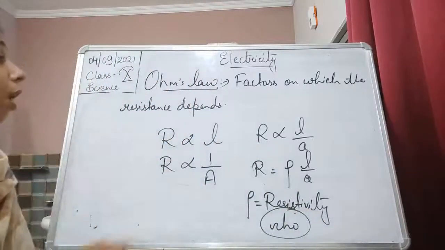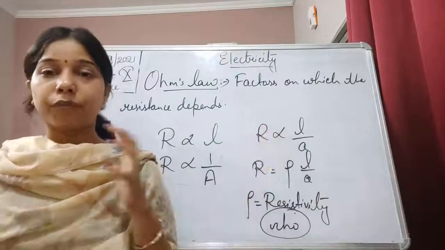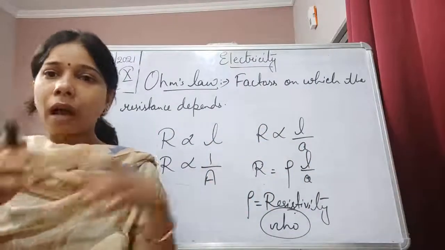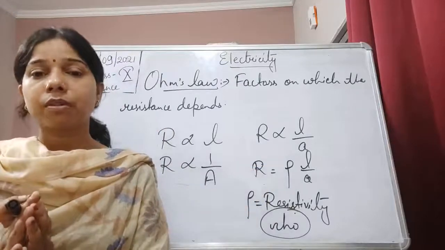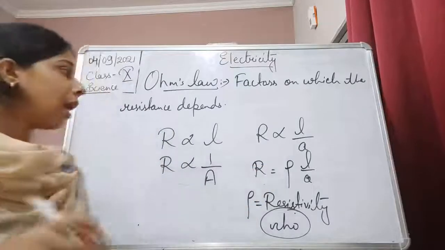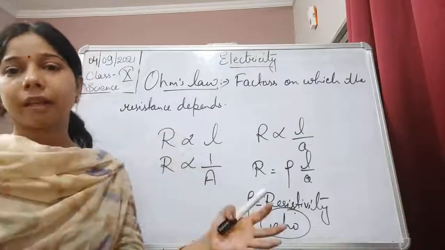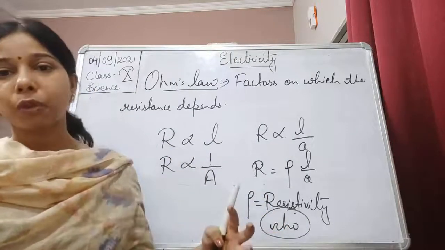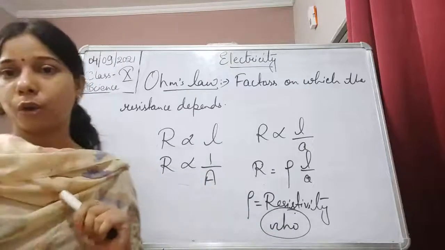Resistivity. So when we increase the length, what happens? More atoms will be present along the whole length, right? More hindrance will be there, and thus the resistance will also increase. So with an increase in the length of the conductor, the resistance also increases. What happens with the area of cross section?